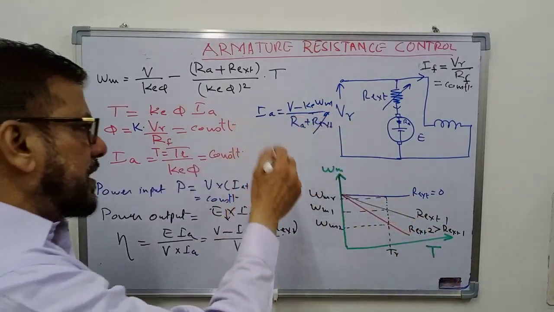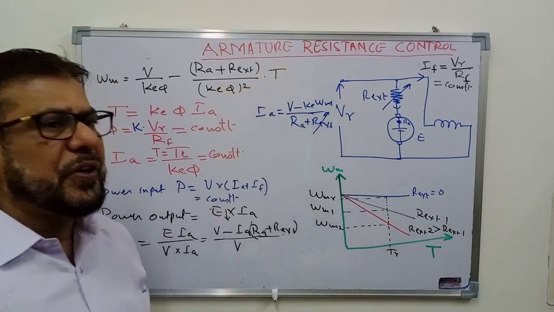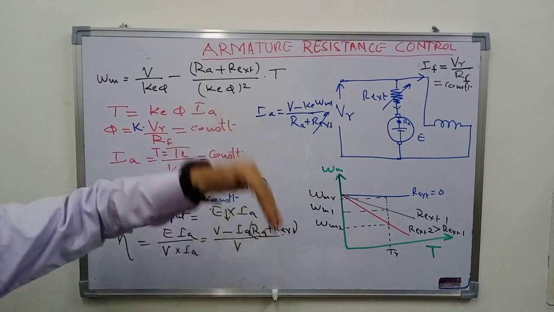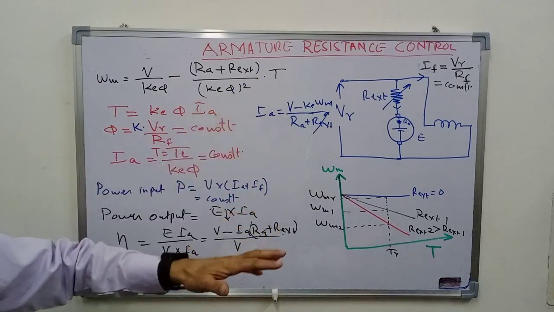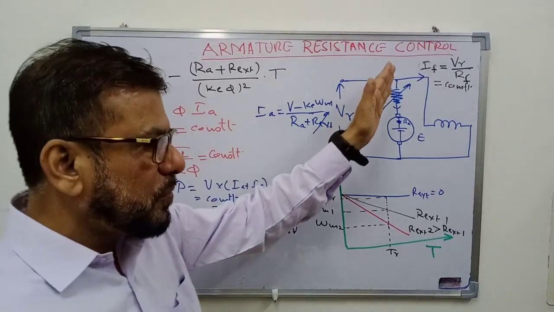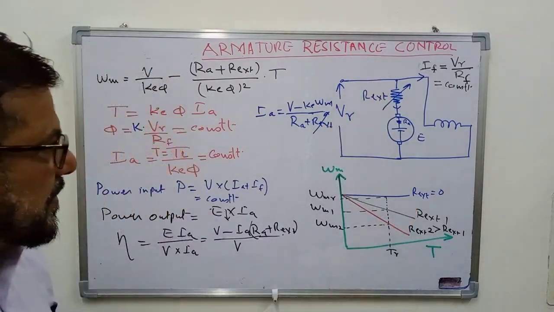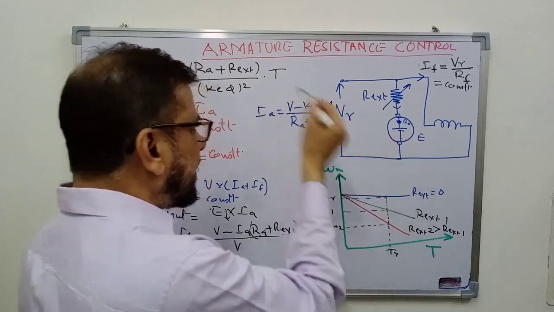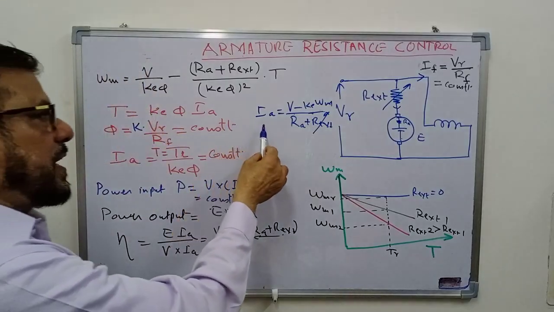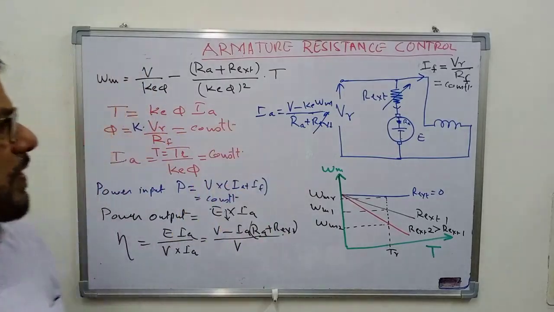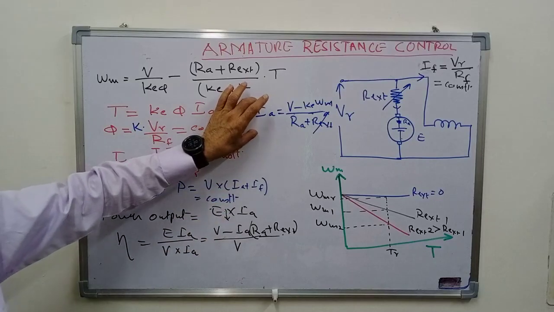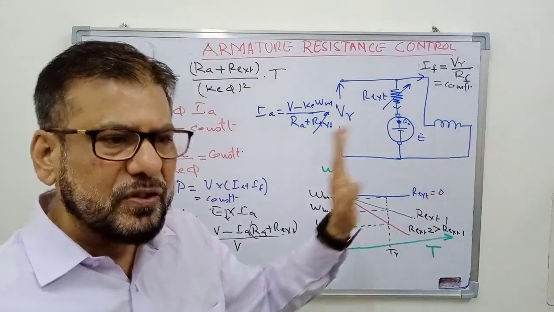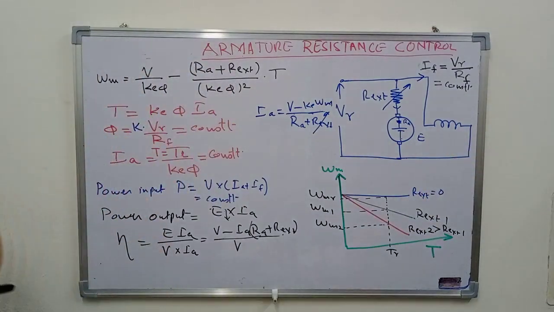So immediately after that, the current will reduce, and as the current reduces, the torque will reduce in the beginning, and that will cause the speed of the motor to decrease. As the speed decreases, the back EMF will decrease, this will decrease, and ultimately in the steady state, current will come back to its original value. So in that way, current in steady state will remain constant if the torque required by the load is constant. So IA is also constant.